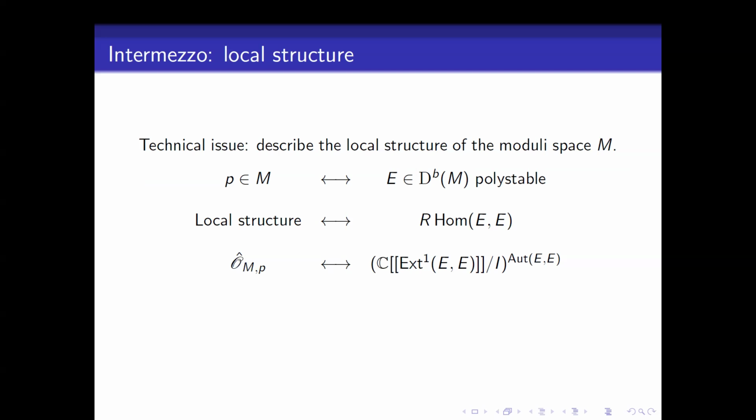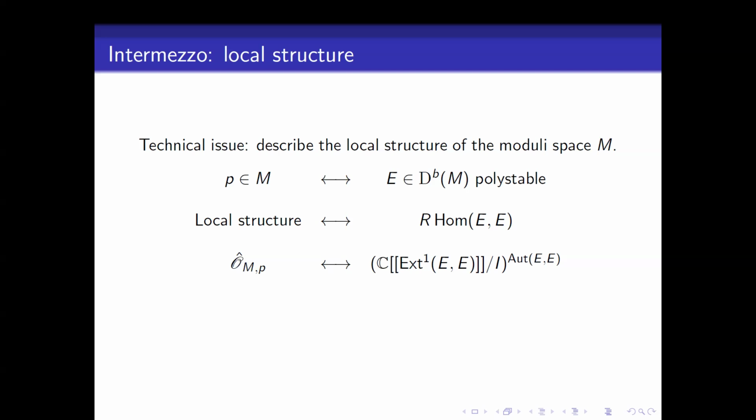And so the local structure of a moduli space is controlled by the deformation theory of an object, the object that it parameterizes. In the good cases that we're parameterizing only stable objects, this is just the object that we have. If we're parameterizing more complicated objects, possibly strictly semistable, one needs to go to the polystable object. Basically, write it as a sum of its semistable pieces.